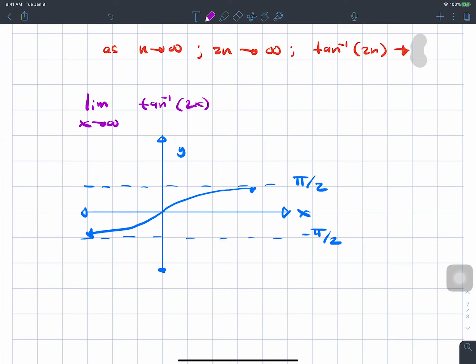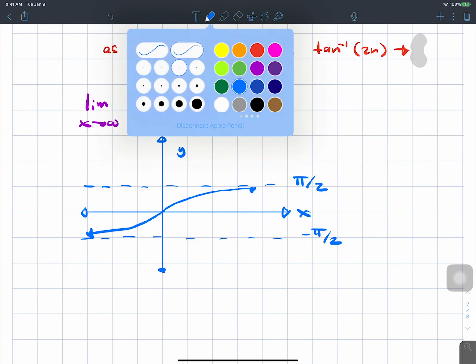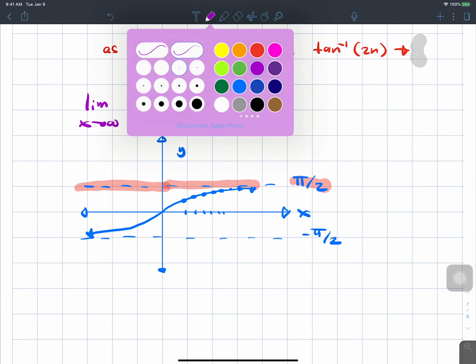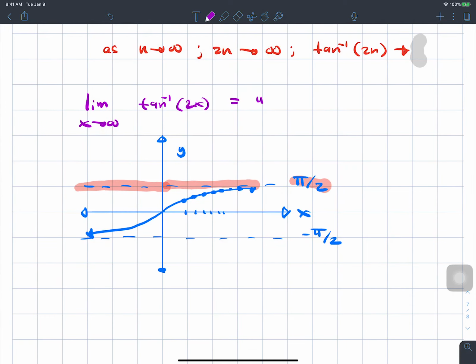So what we say as x gets big, 2x gets big, and as these values are getting big, the y coordinate gets closer, closer, and closer to the horizontal asymptote that we see here, which is going to be pi over 2. So this limit is pi over 2.